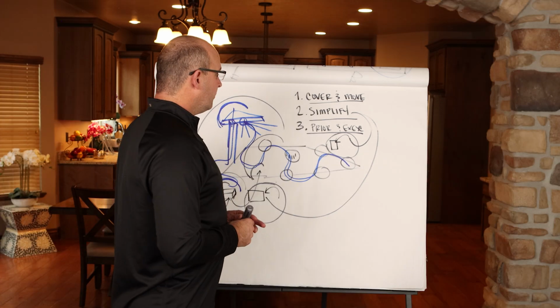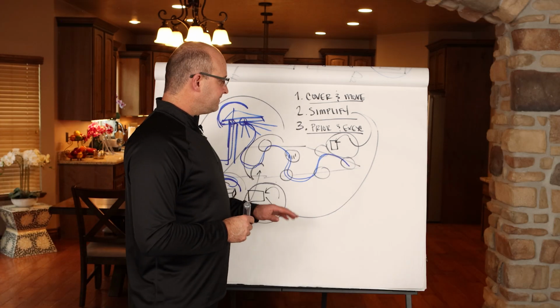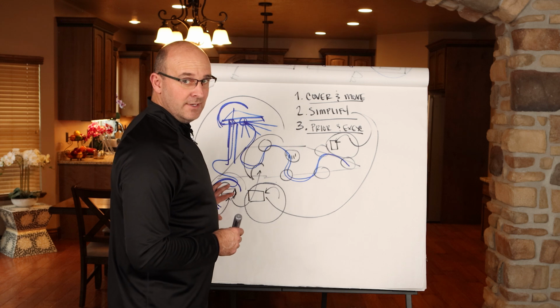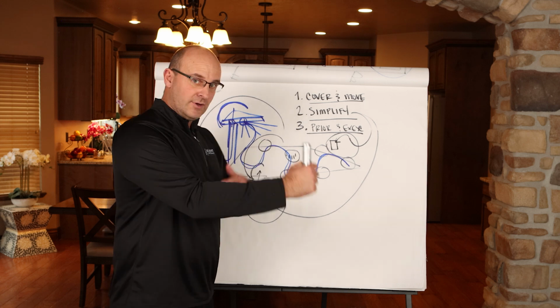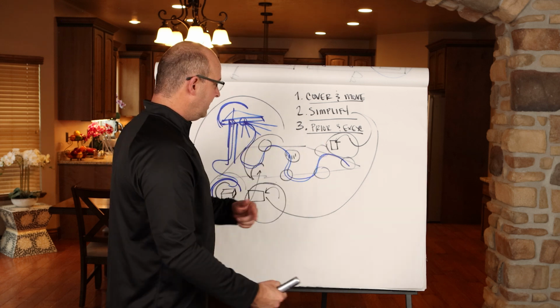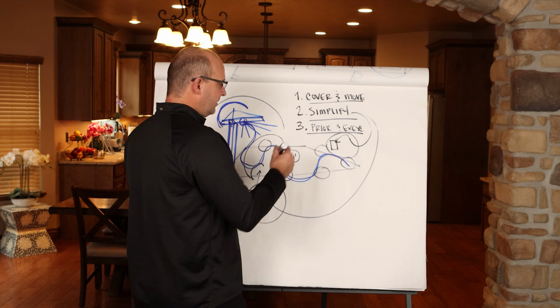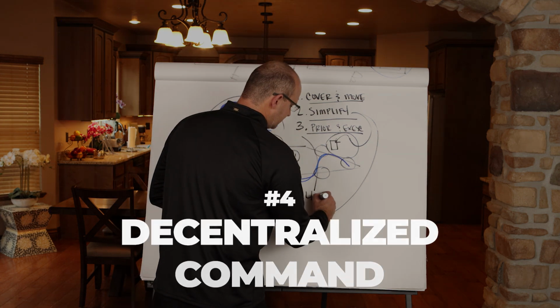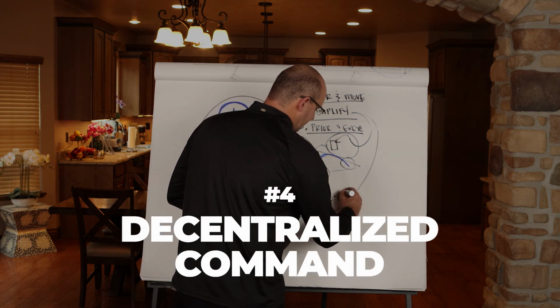Now, if that is all running, because you're meeting with your project management team and the foremen every day, and you have this cycle of planning every day, if this is done, then you can do number four, which is decentralized command, okay?